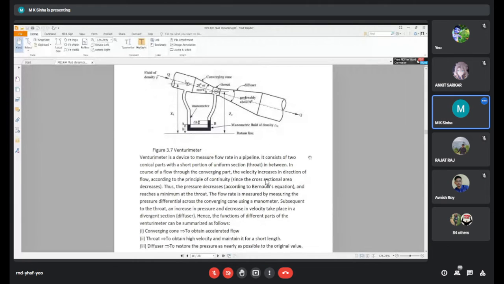So in the course of the flow through the converging part, the first part is always connected inside, that is the converging, and the exit, the second part, is diverging.